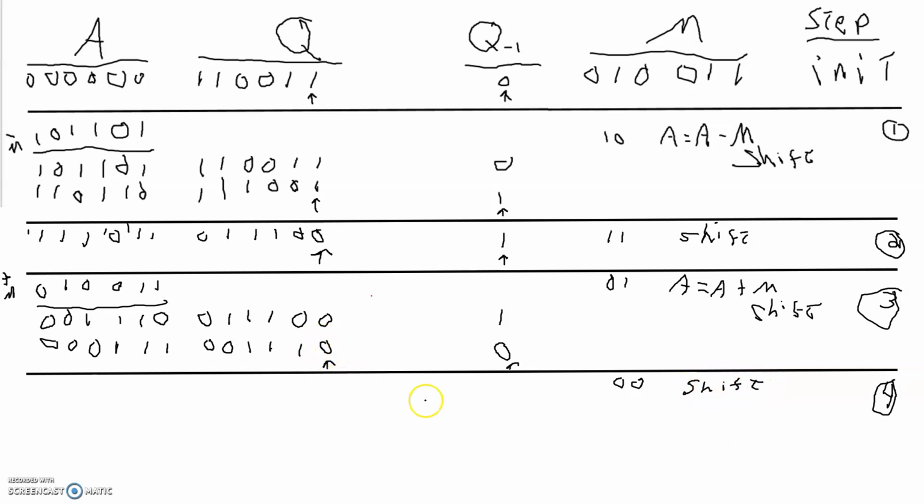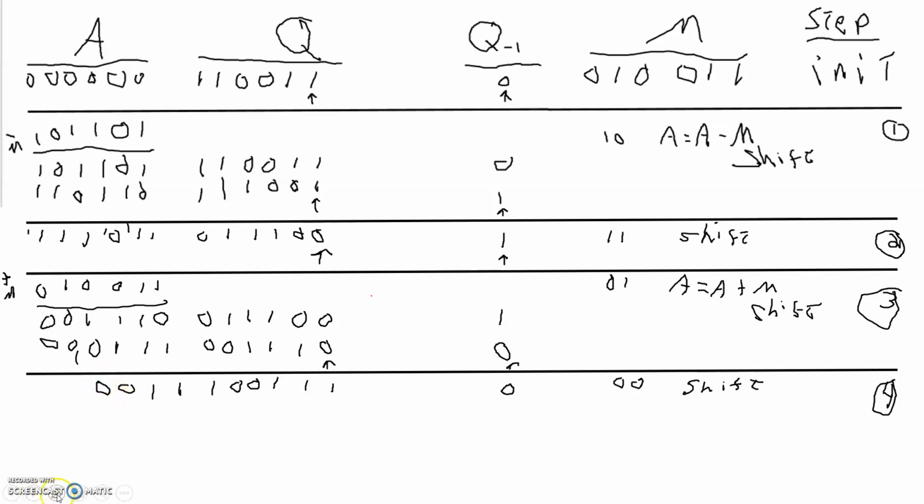Okay, so this 0 is going to shift to here. This 1 will shift here. This 1 shifts here. This 1 shifts here. This 0 shifts here. This 0 shifts here. This 1 shifts here. This 1 shifts here. This 1 shifts here. The 0 shifts here. The 0 shifts here.